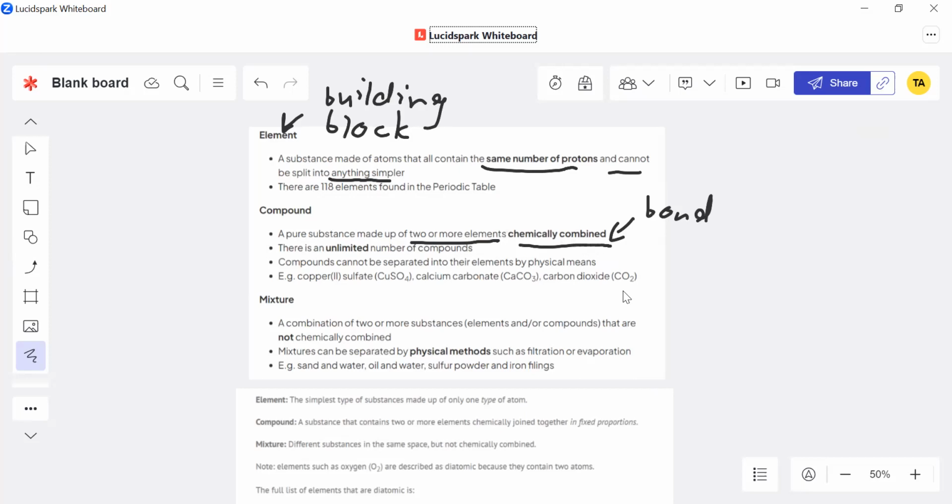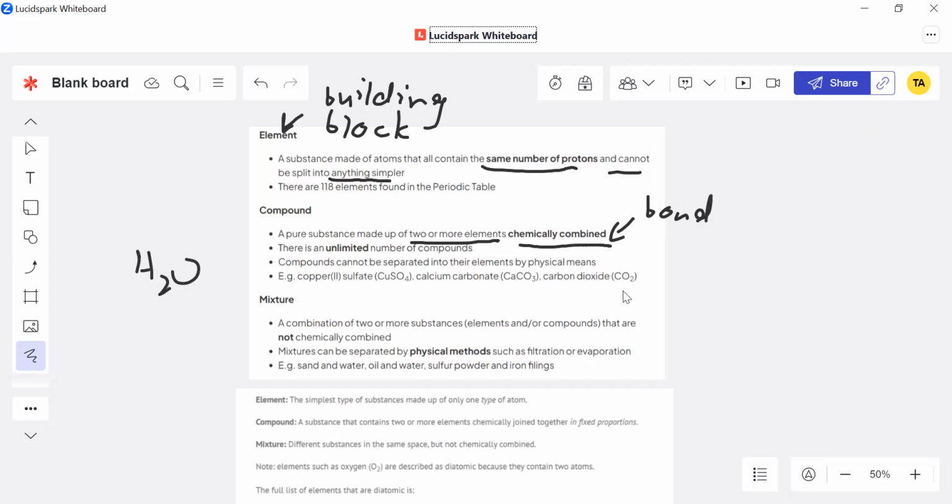There is an unlimited number of compounds, and compounds cannot be separated into their elements by physical means. Examples of compounds are calcium carbonate, carbon dioxide, and water, H2O, right? So there are two elements in a compound of H2O.